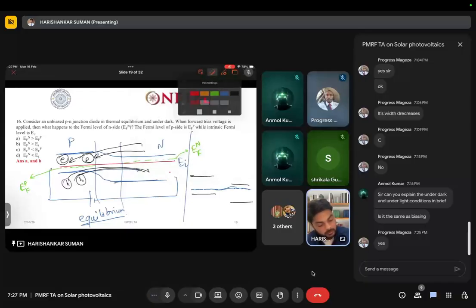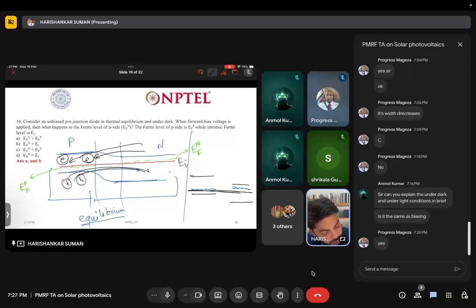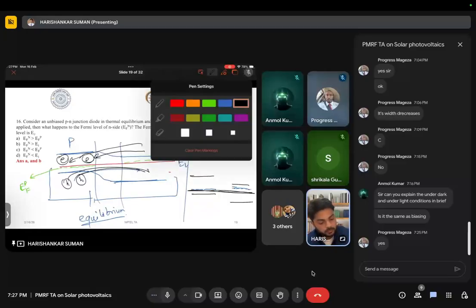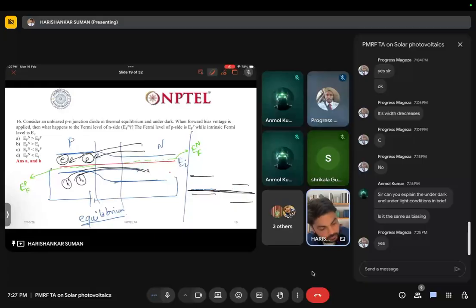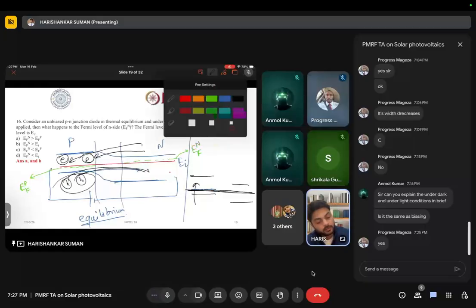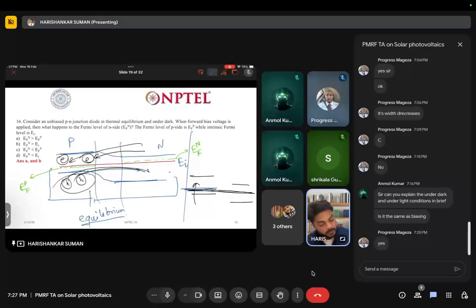Let's say initially we have one Fermi level like that. So when holes get less, the Fermi level goes upside. Clear? This is the new case.